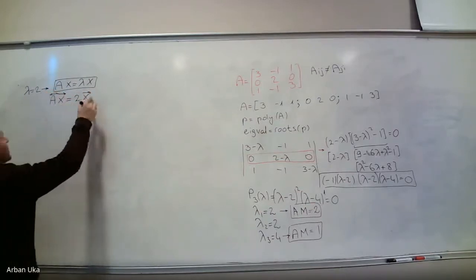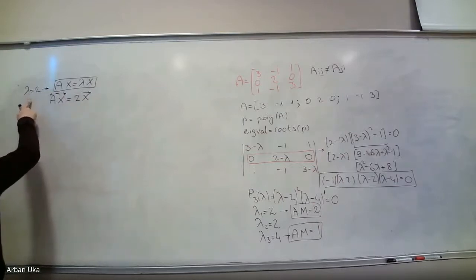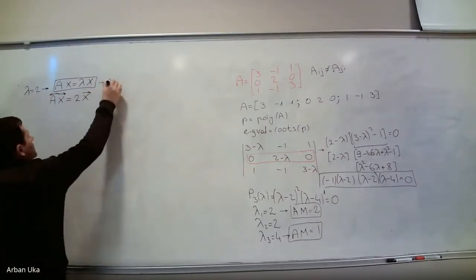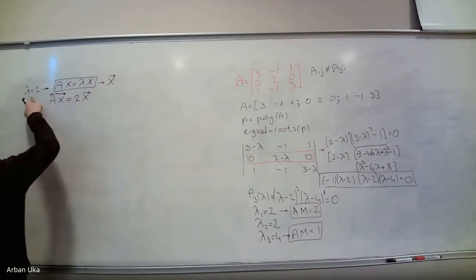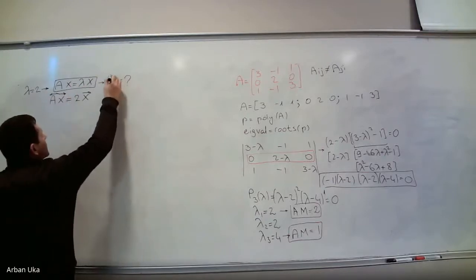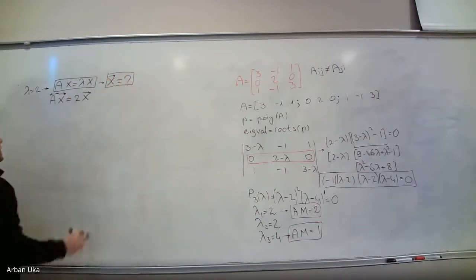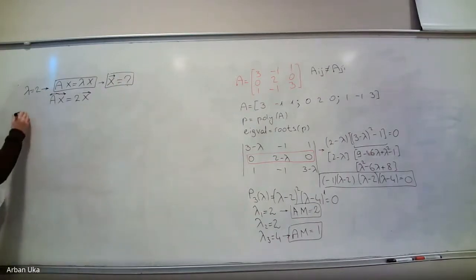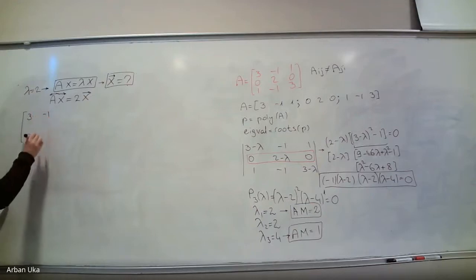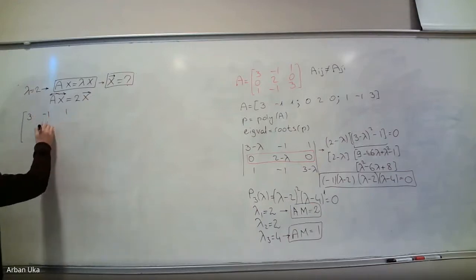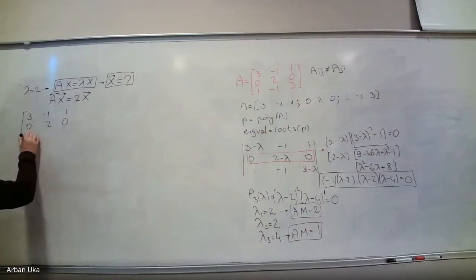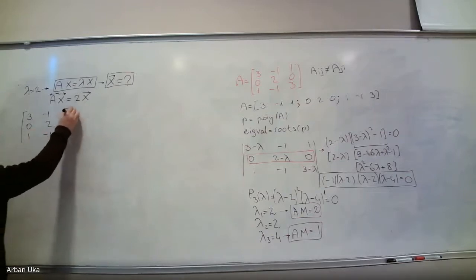And the question at this stage, now that we know lambda, is to find x. How do we solve this one? We look at the system: the matrix with rows 3, minus 1, 1; 0, 2, 0; 1, minus 1, 3.